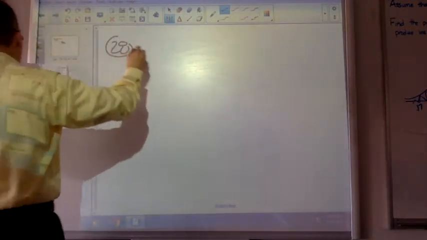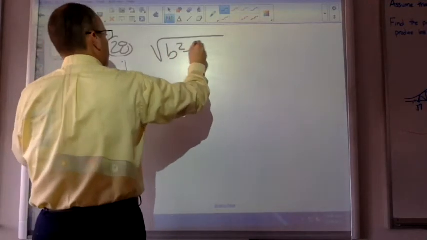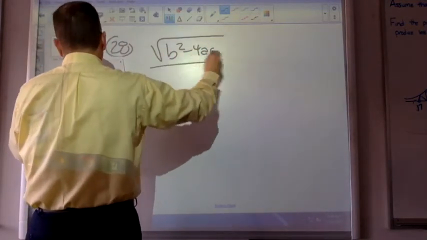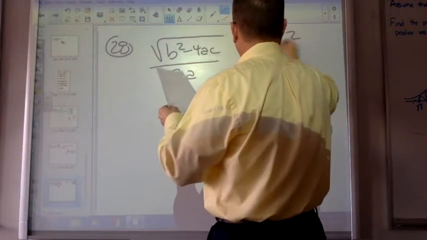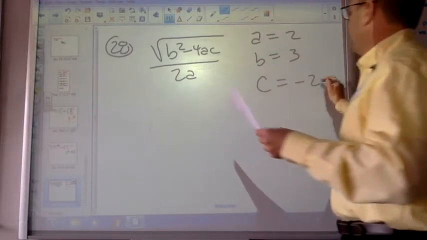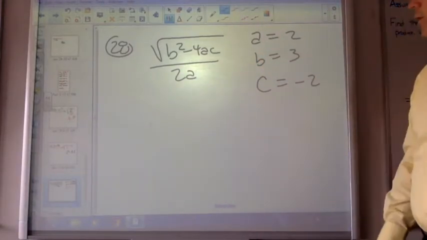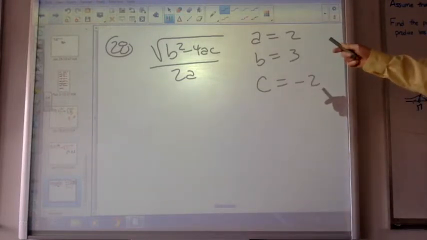Alright, number 28. So they have b squared minus 4ac all over 2a. And they want us to substitute a in, which is 2, b in, which is 3, and c in, which is negative 2. So wherever I have letters, I'm going to plug in. Notice I have a negative 4 that's already in there that I'm not going to worry about.